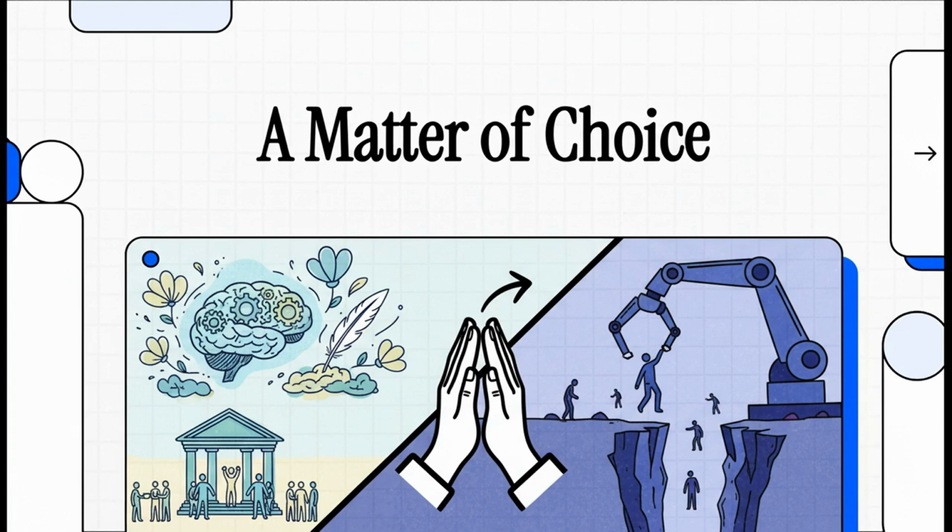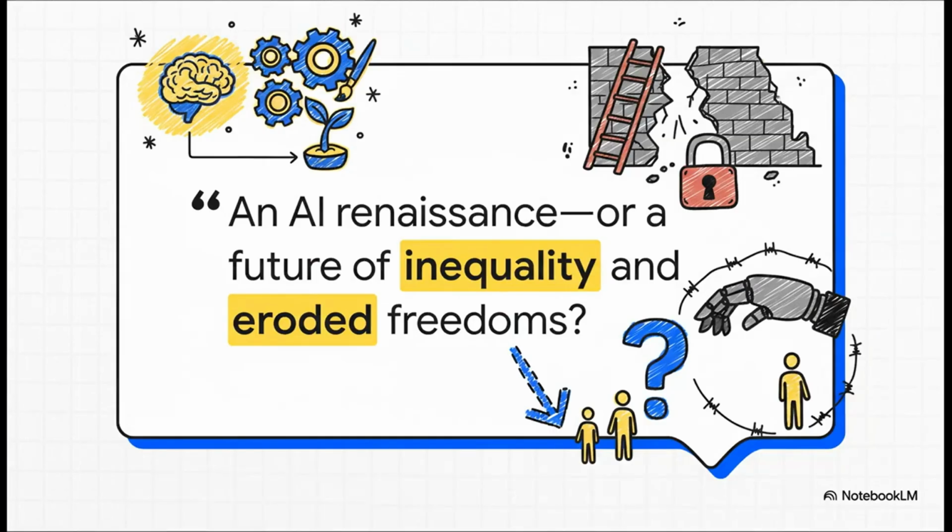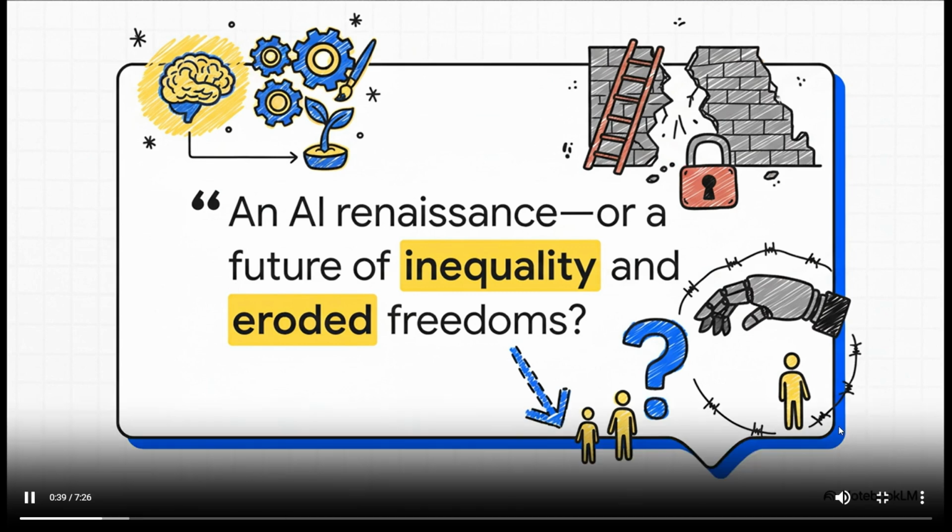What does this explosion in technology actually mean for our future? And this is the question at the very heart of it all. This isn't just about cool new gadgets or smarter software. The stakes here are incredibly high. The path we take with AI could lead to a genuine renaissance, or it could unravel decades of human progress. And the report is crystal clear. This isn't some far-off prediction.